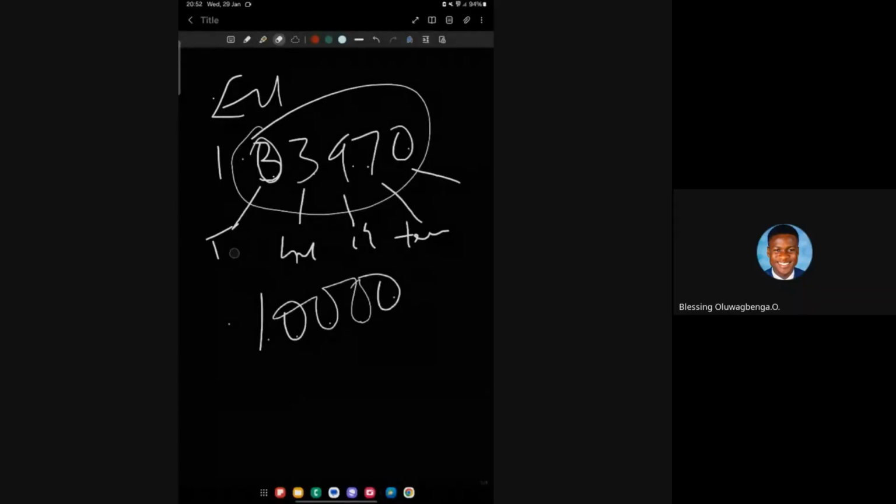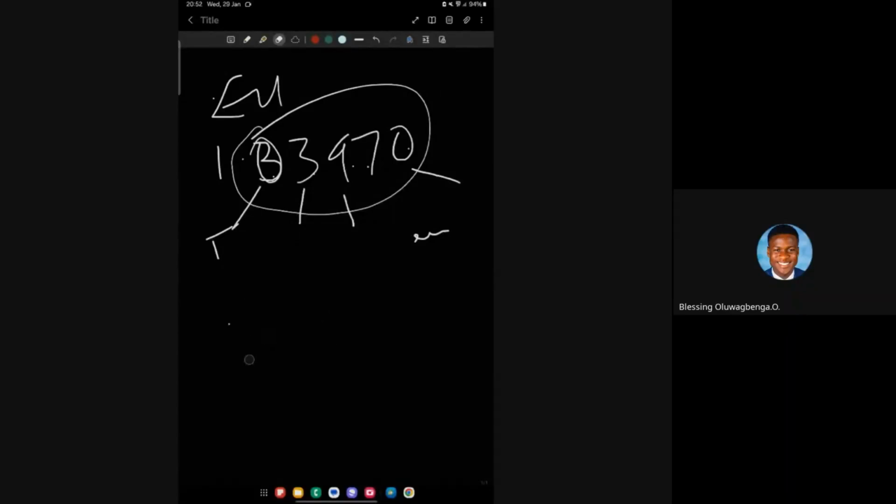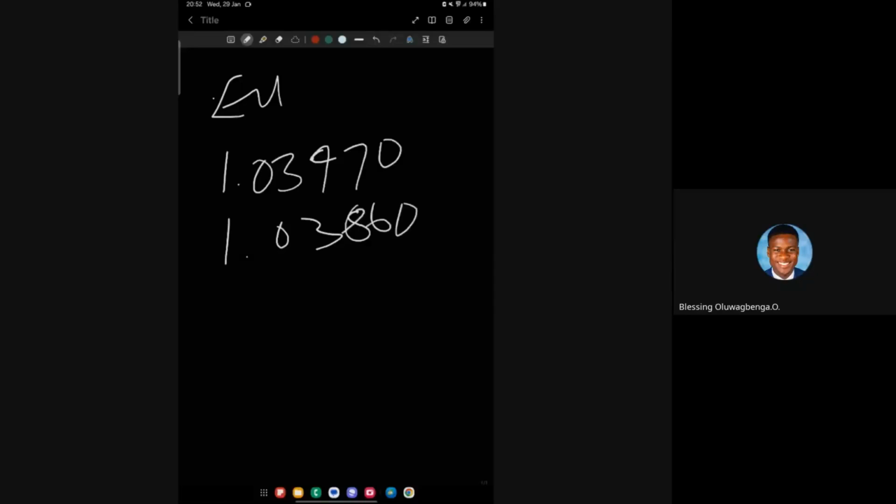Now, if we say that is 10,000 units after the decimal point, it will be easy for us to calculate the pips using this simple idea. We have 1.03970 and the price change 1.0386. So all you have to do is round here off after the decimal. We have 10,000, right?